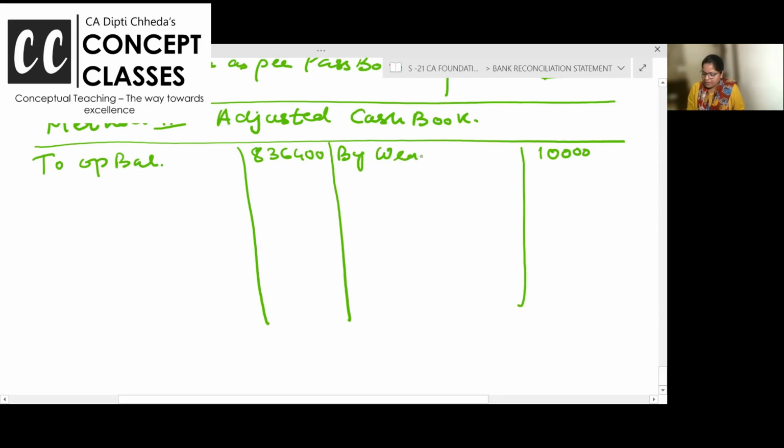By wrong casting. Undercast है total ठीक. Payment side तो correct करो. Check of 131 issued but not recorded. So now record it. 131. By check issued, not recorded. So now record it. 131.